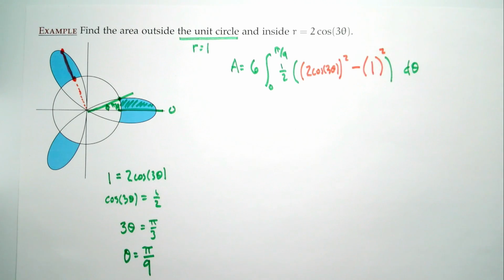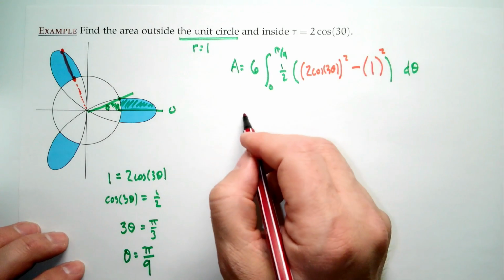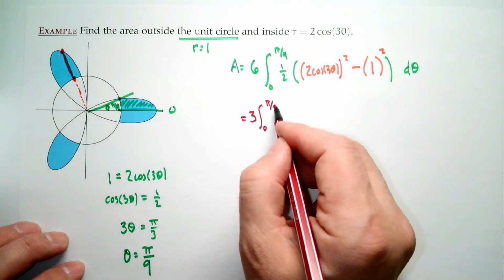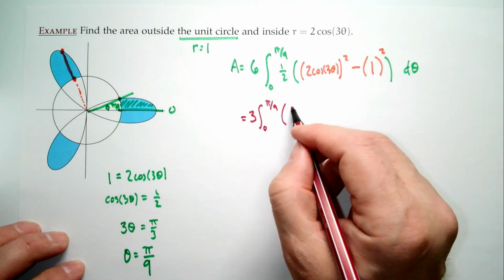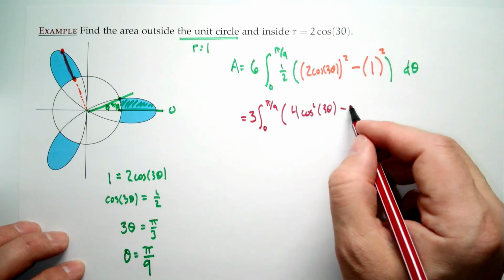All right, now we're good. We've done the hard part. And the rest is just fun integration. Okay, so let's see. 6 times a half, we can make that a 3. Integral 0 to pi over 9. And now we have 4 cosine squared of 3 theta minus 1.